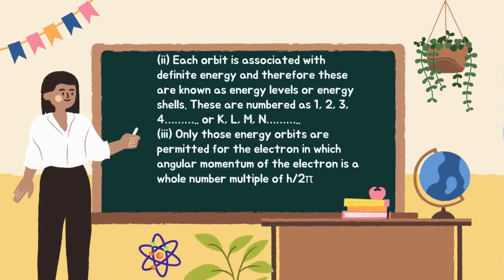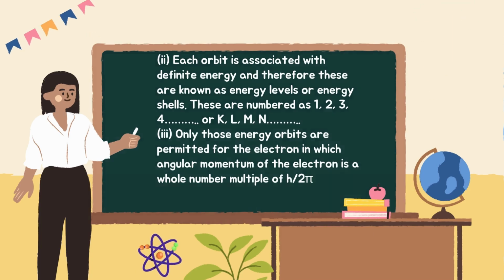Each orbit is associated with definite energy, and therefore these are known as energy levels or energy shells. These are numbered as 1, 2, 3, 4 or K, L, M, N. Only those energy orbits are permitted for the electron in which angular momentum of the electron is a whole number multiple of h over 2π.